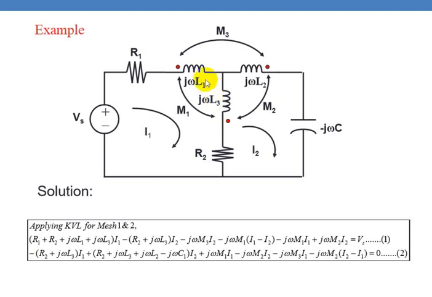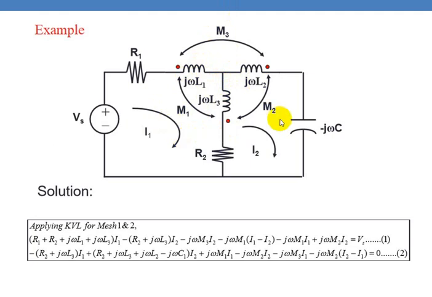Coming to the mutual inductance, first let us write an equation for this. Here you have to write the voltage drop across the mutual inductance due to M1 and M3, because these two coils are coupled to this coil. What is the current flowing in this?